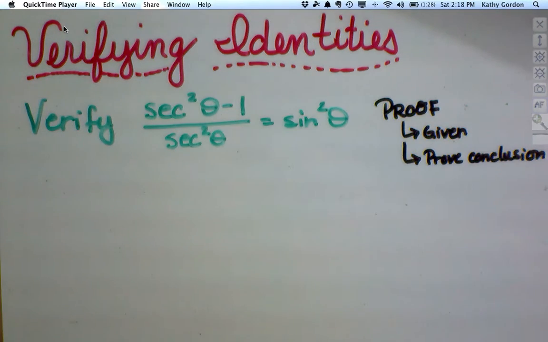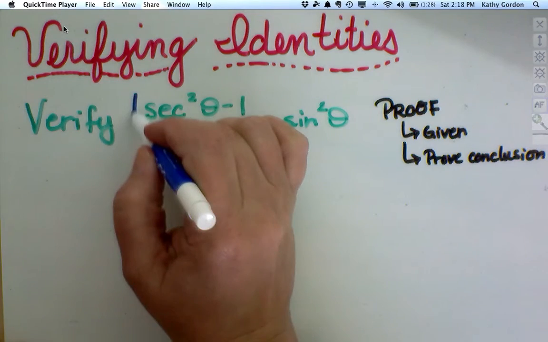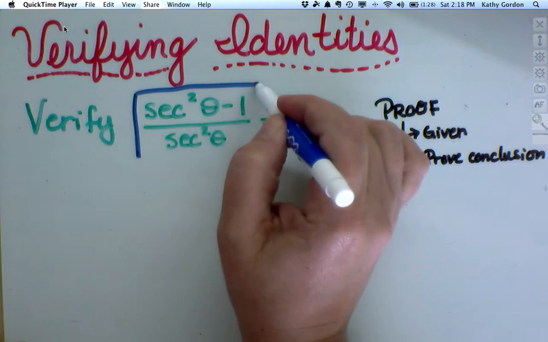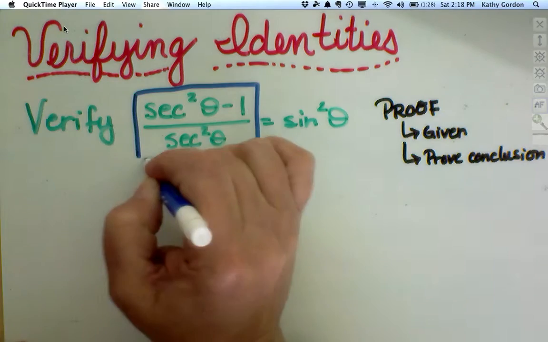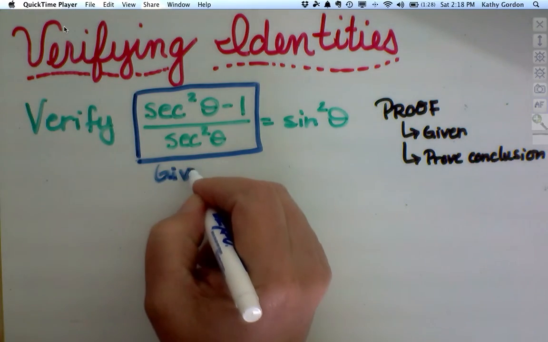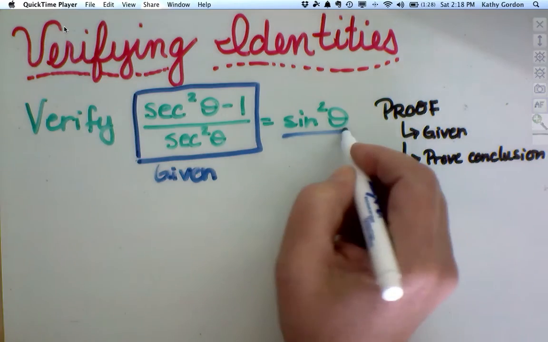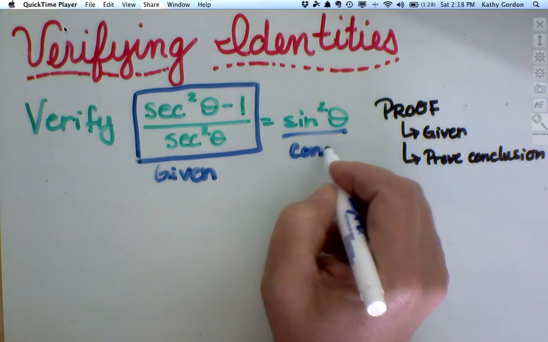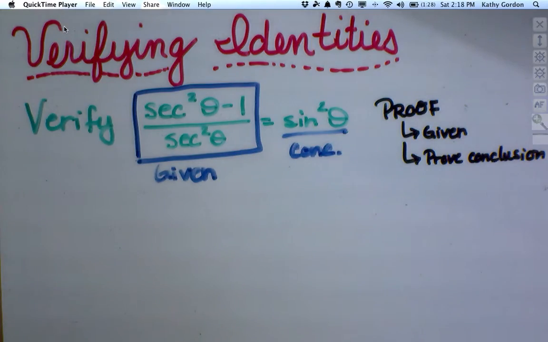So in this case, I would say our left side looks more complicated. So this side becomes our given, and this becomes the conclusion that we're trying to arrive at.